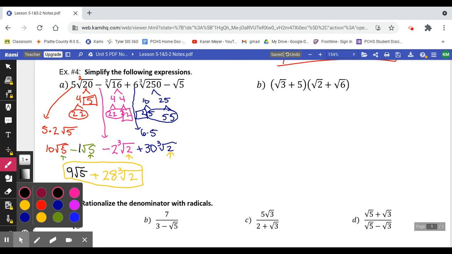Now, the next operation we can do with roots instead of adding and subtracting is multiplying. So now we're going to multiply, and if I have 2 items times 2 items, everybody should be thinking box or foil. So I'm going to make my little box here.